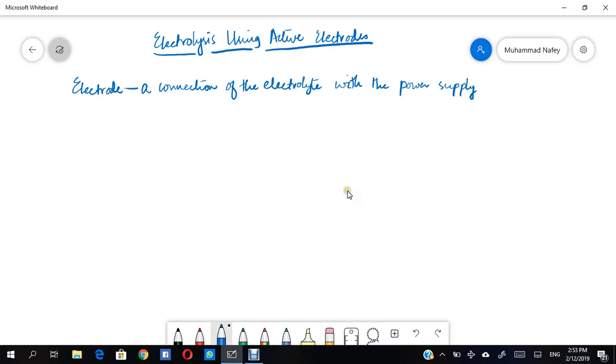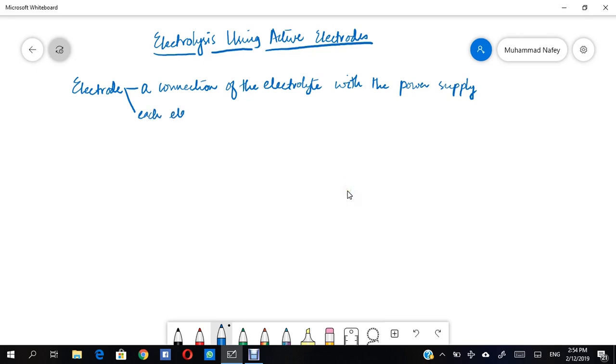It serves another very important purpose: it ensures a directionality in the flow of current, and hence it gives the cations and the anions in the solution or the molten compound a direction. This helps the cations migrate to one side and the anions to the other side, and hence ensures the segregation and breakdown of the ionic compound.